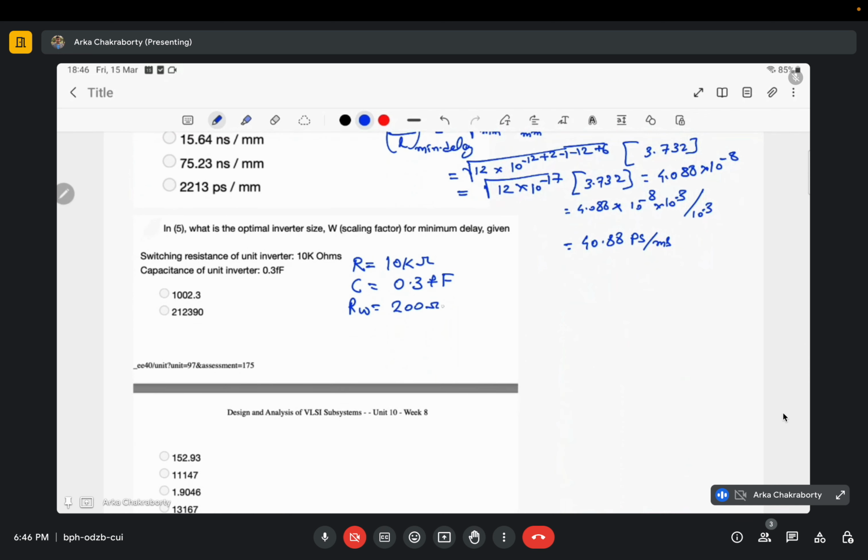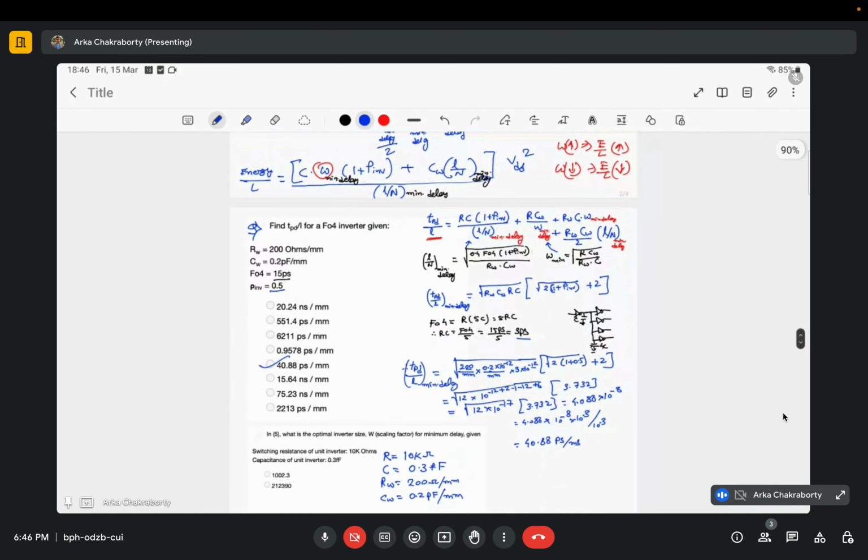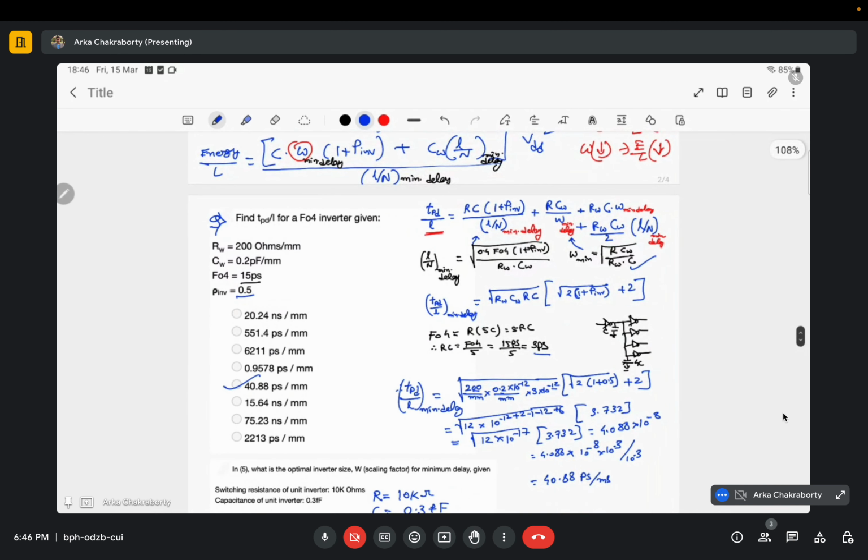Right? Okay. Now it's straightforward. I have written the expression for W min here.